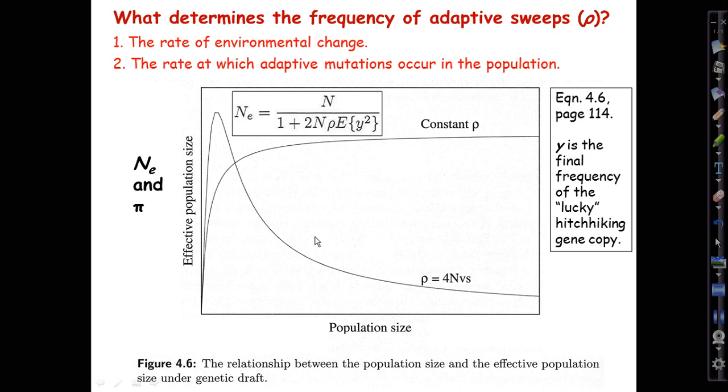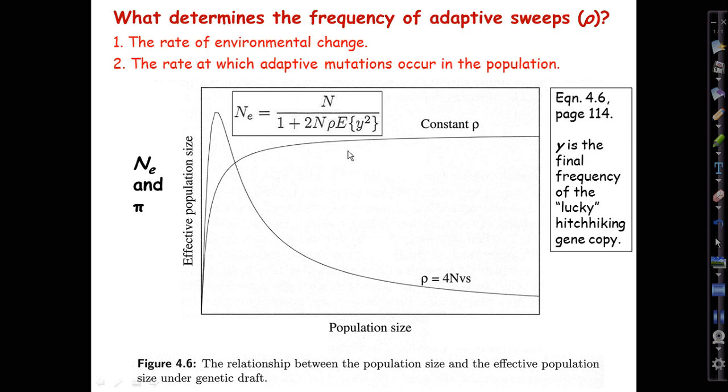And he means to contrast here two alternative stories or models for the way in which adaptive sweeps occur. The simplest model is one of a constant rho, that is to say, adaptive sweeps are purely limited by the rate of environmental change, not by the rate at which adaptive mutations occur.